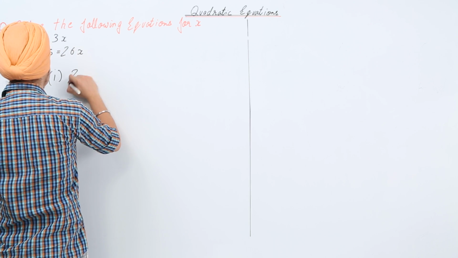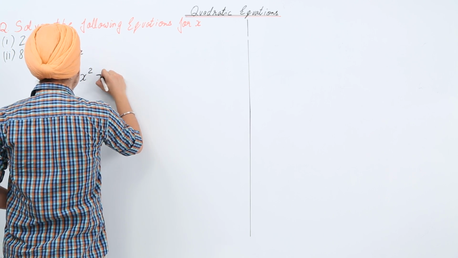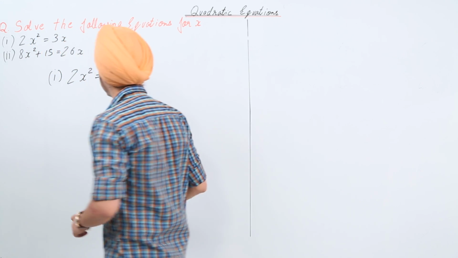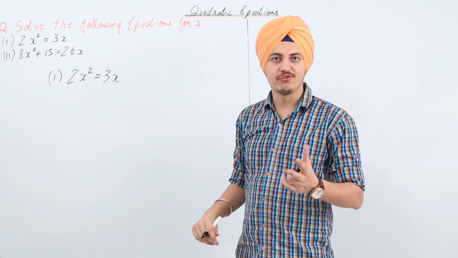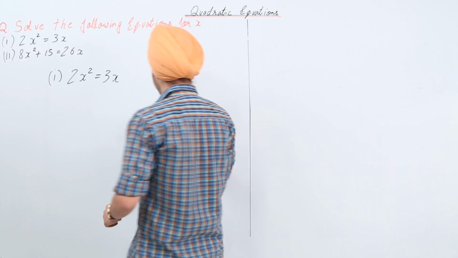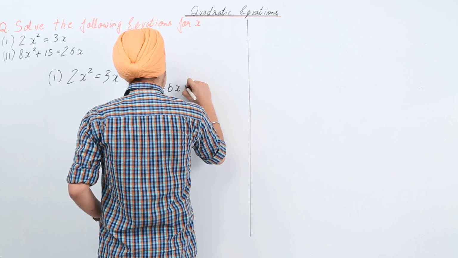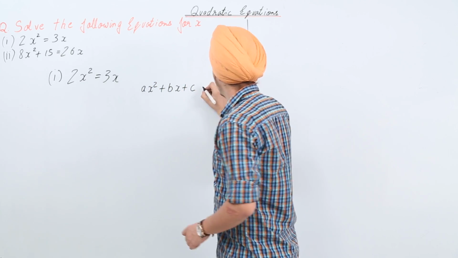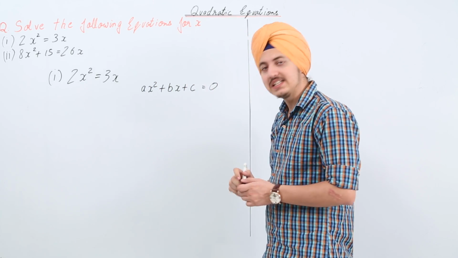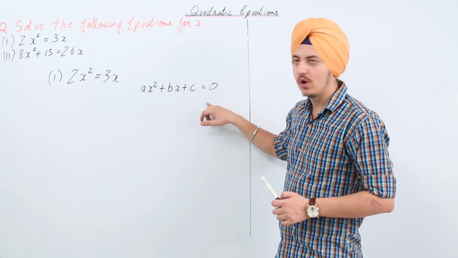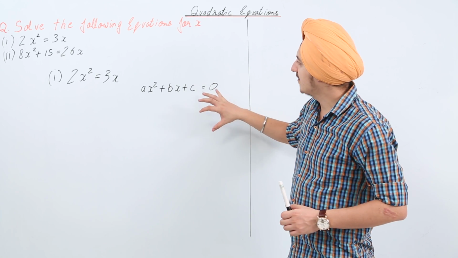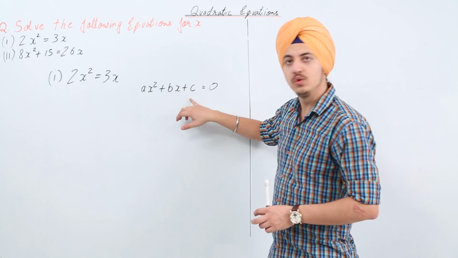It says 2x square is equal to 3x. We know that the basic form of a quadratic equation is ax square plus bx plus c equal to 0. So we have to bring this equation into this form.